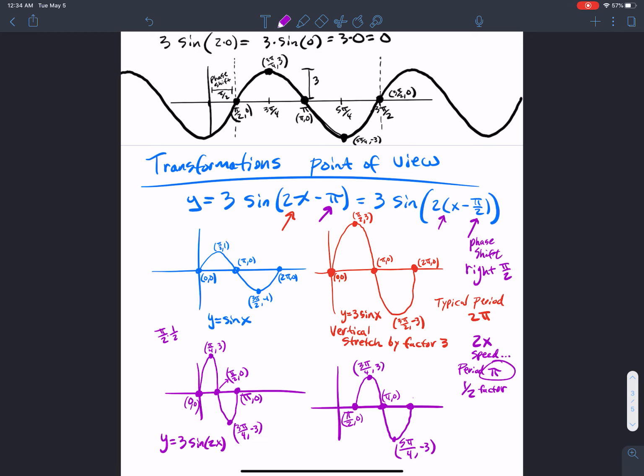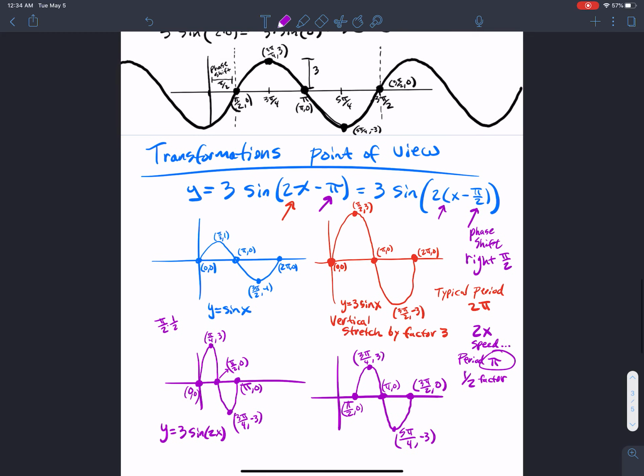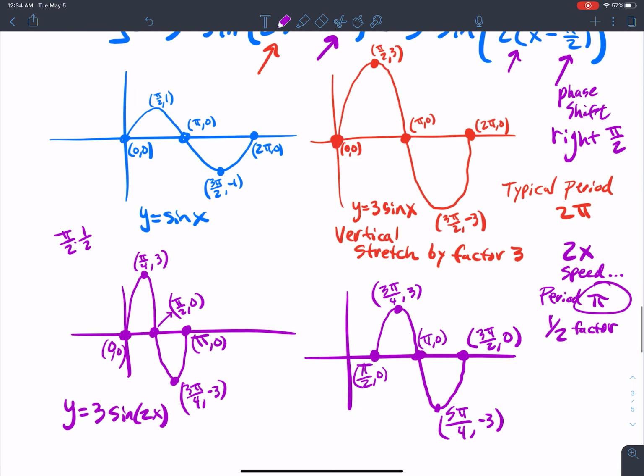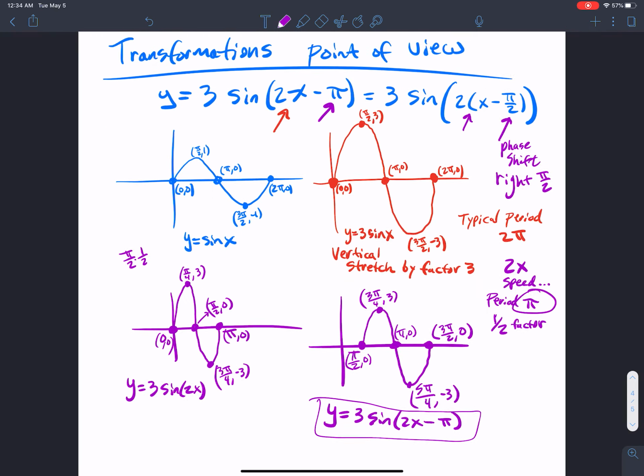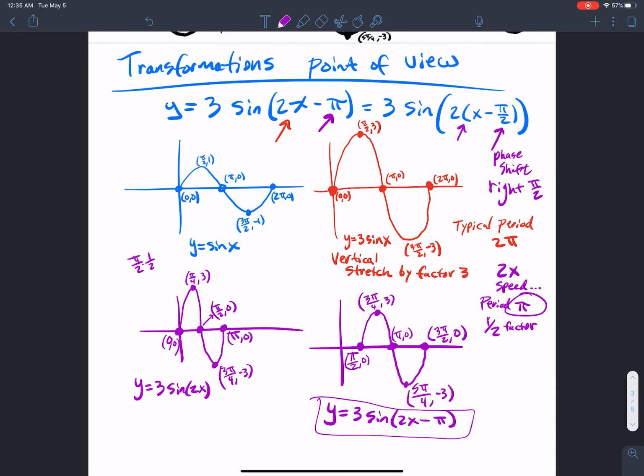And we get our 3 pi over 2, comma 0. Okay? So it's the exact same graph that you had. This is y equals 3 sine 2x minus pi. Okay? Using transformations.